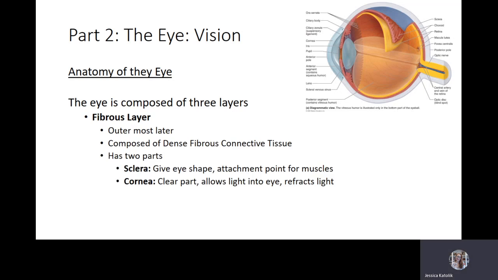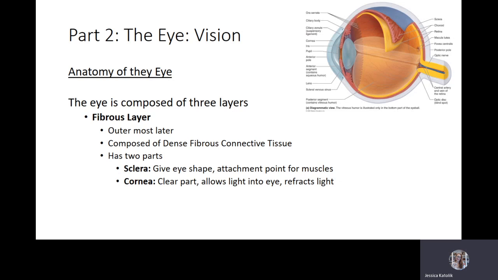So the outermost layer is the fibrous layer, and it's made out of dense fibrous connective tissue. It's located here and here. There are actually two regions of the fibrous layer. There's the sclera. The sclera is the whites of the eye, and it is very, very strong.